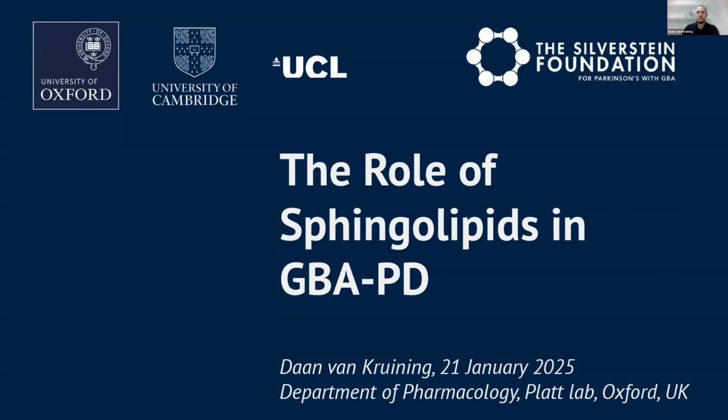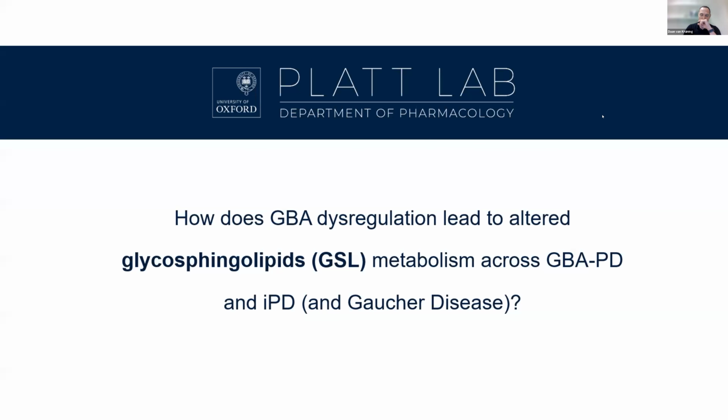So our research focuses mainly on the role of sphingolipids in GBA-PD, and a bit more specifically, we want to investigate how GBA dysregulation leads to altered GSL metabolism in GBA-PD related to IPD, but also related to Gaucher disease.